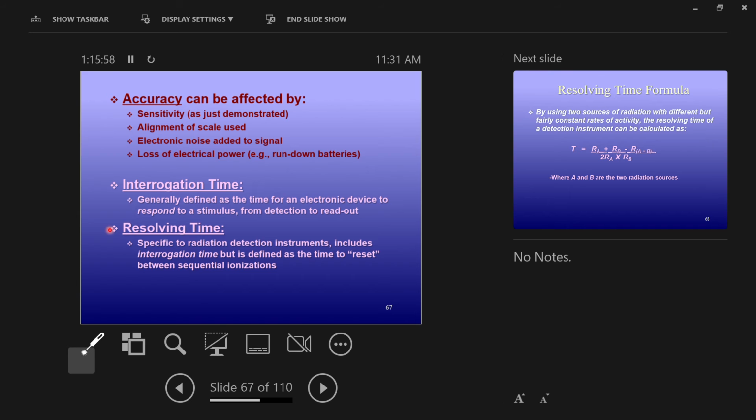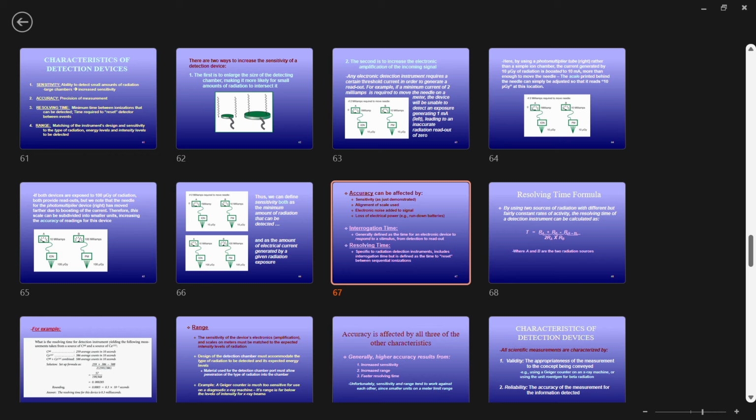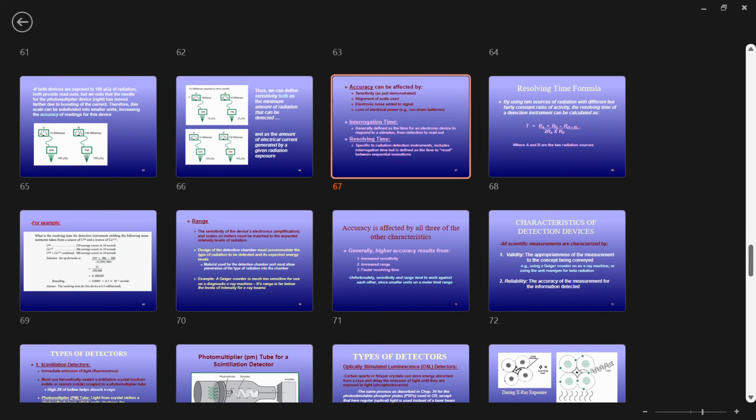So to be sensitive, you have a large detector and adequate signal amplification. To be accurate, you have short interrogation times and short resolving times. I'm not going to make you work with the resolving time formula. Any of that, I'm not going to make you work with.